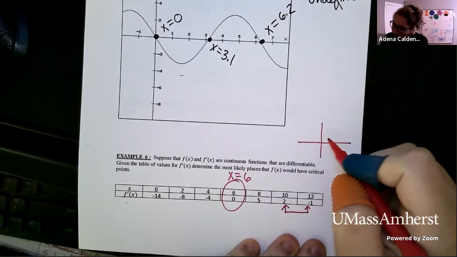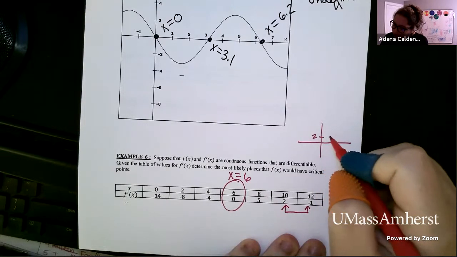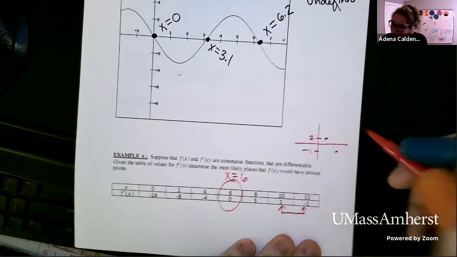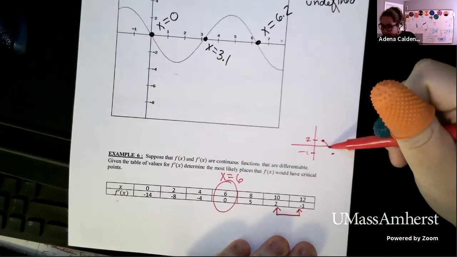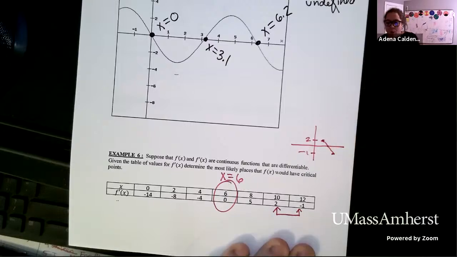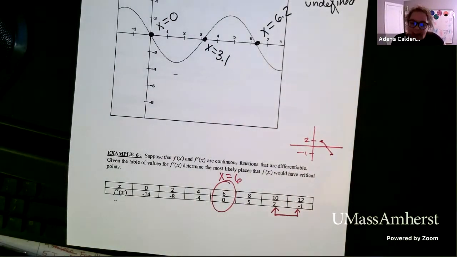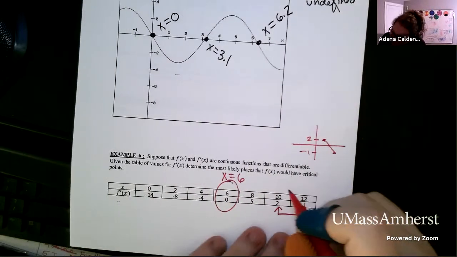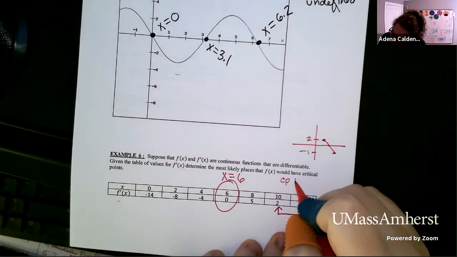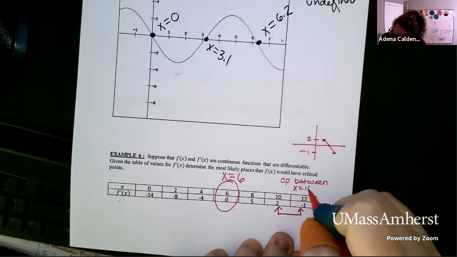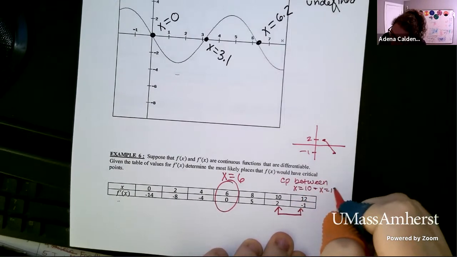So let's say 2, and then, right, -1. In order to connect a positive y value to a negative y value, I have to go through 0, right? In order to change signs, I have to go through 0. So I also have a critical point between x equals 10 and x equals 12.